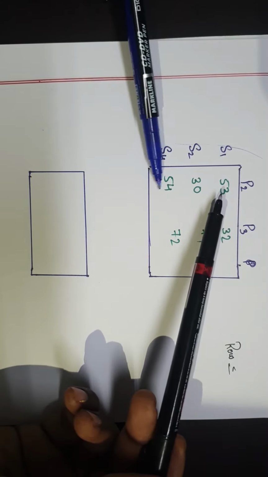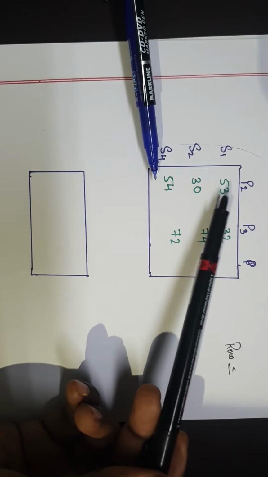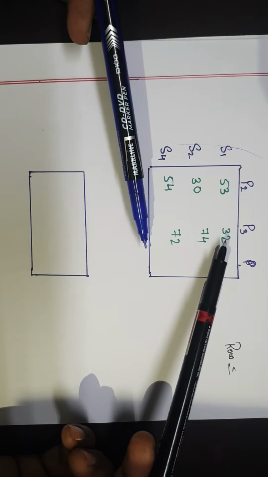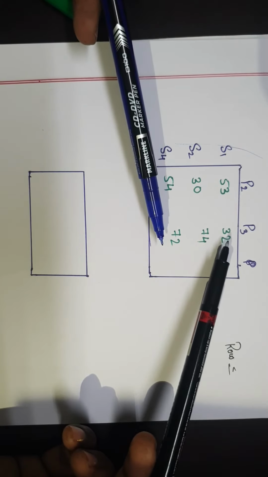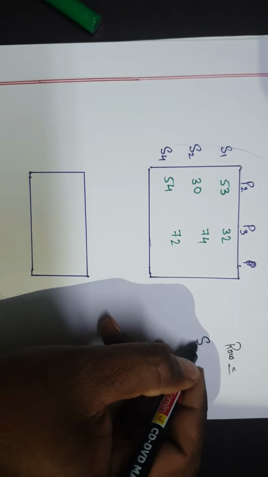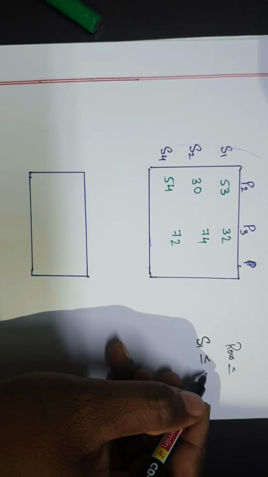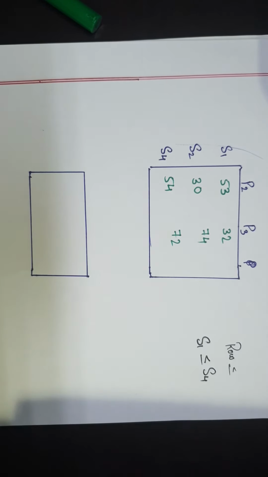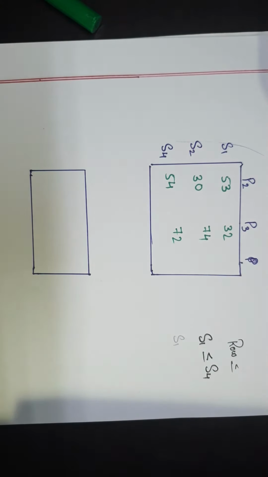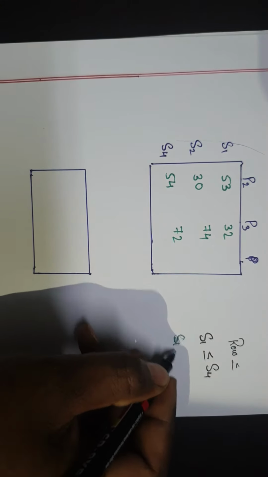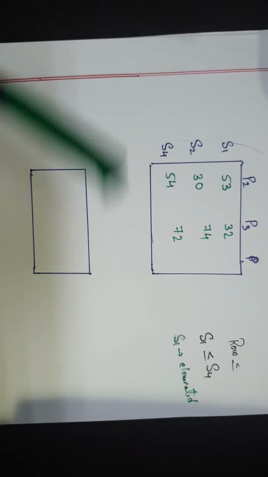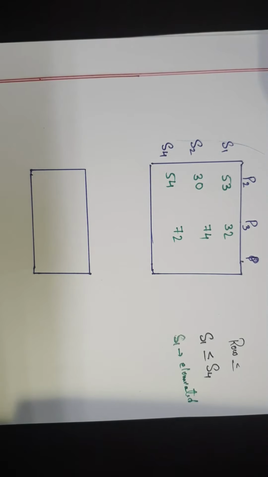If you take S4 and S1, S1 is less compared to S4, and here also S1 is less compared to S4. So I can write S1 is less than or equal to S4, so S1 you can eliminate.